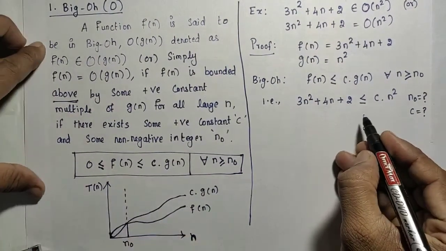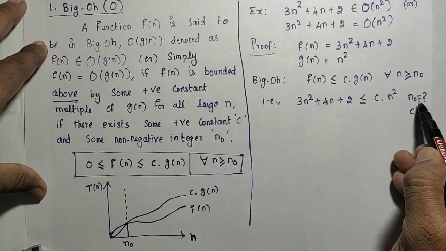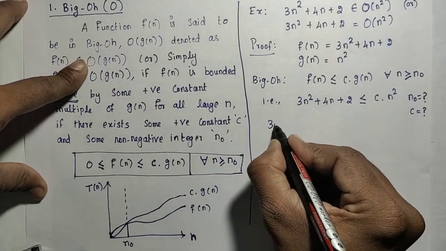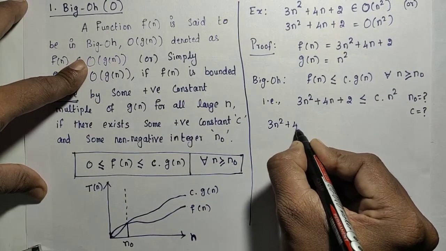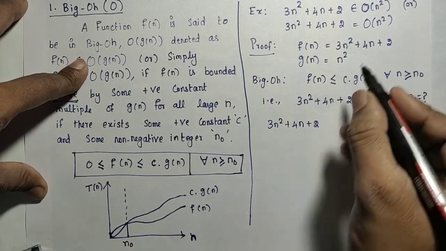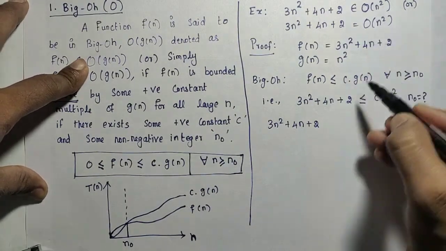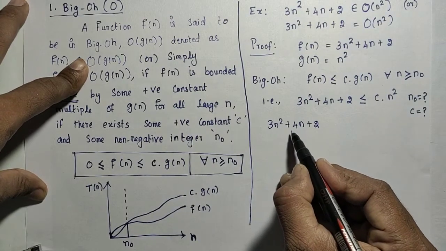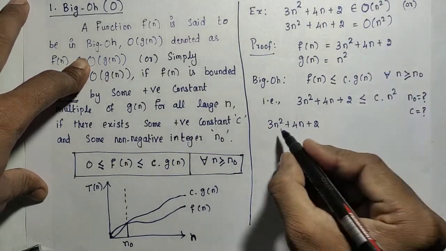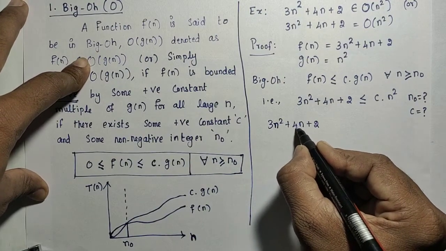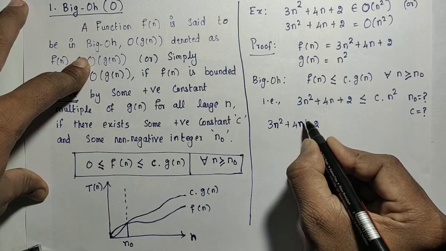The simple method to find that n naught and c value is just write 3n squared plus 4n plus 2, which we need to prove is less than or equal to c into n squared. So convert all the terms to n squared. This one is already n squared. So just raise this n to n squared.